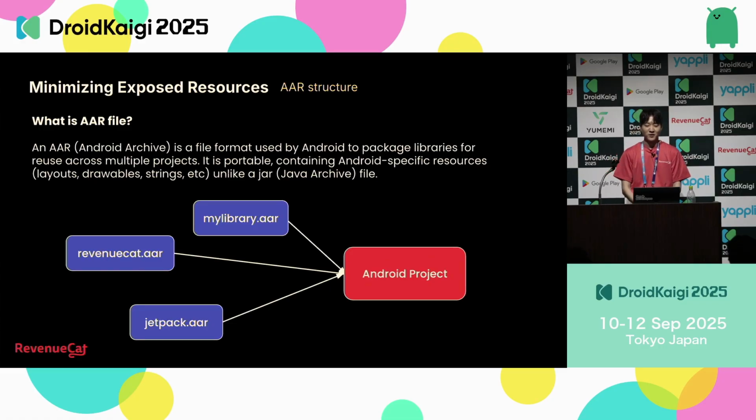Normally, if your library targets Android instead of pure JVM, the result file will be an AAR file. AAR is a format used only by the Android platform to pack up everything about your Android library, such as classes and resources, like layouts, drawables, and strings, even the Android manifest file.